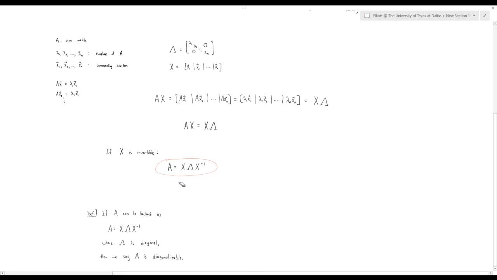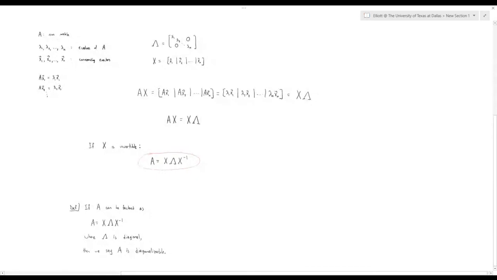So one of the keys for making this work is this matrix X had to be invertible in order to make this happen. For a matrix to be invertible, its columns have to be linearly independent.